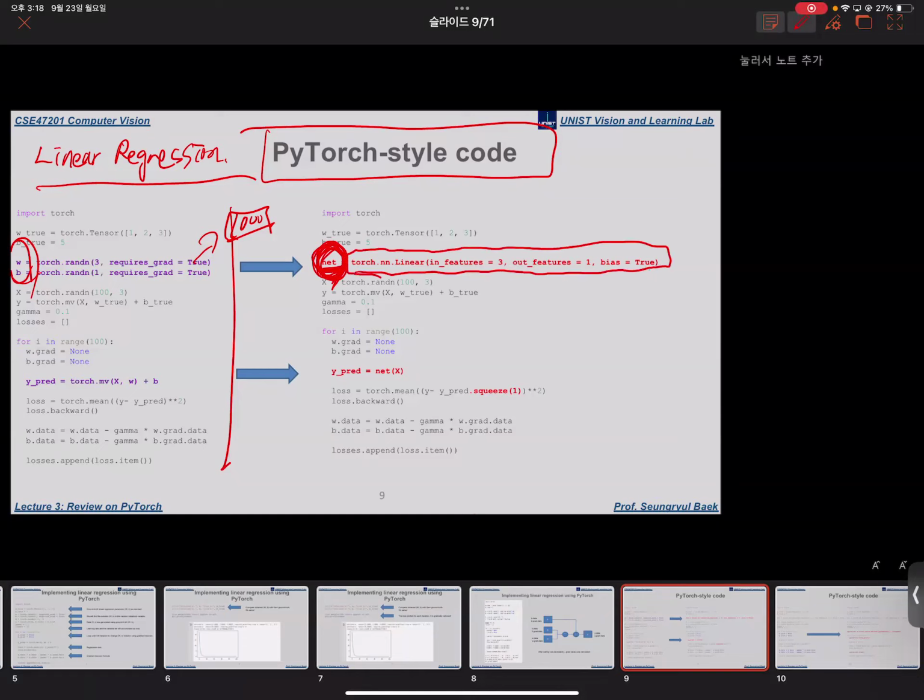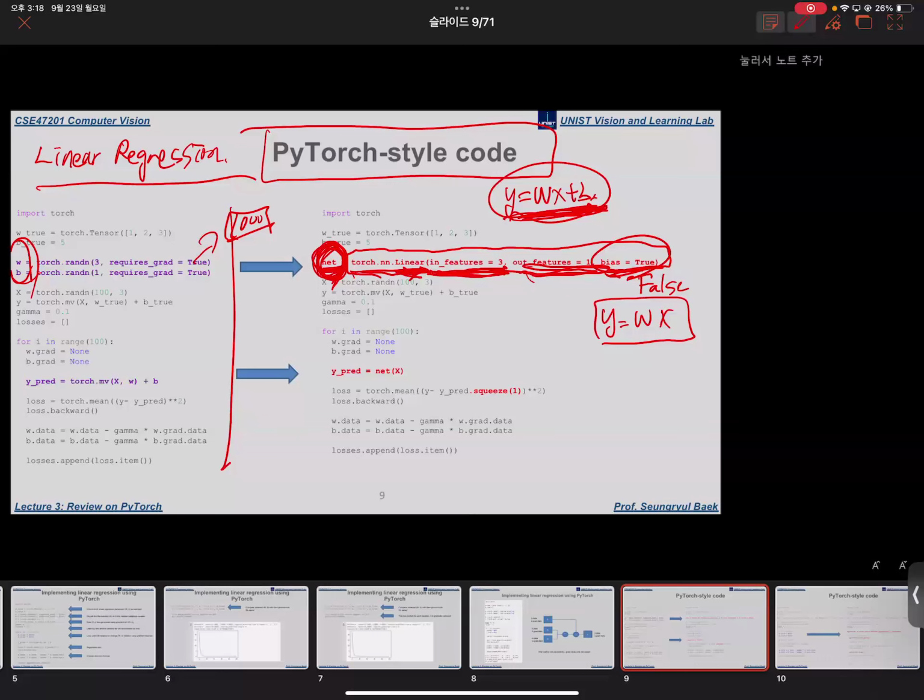Because we now have just one layer, an operation like Wx plus b is called the linear operation in PyTorch, because these are linear equations. We can specify the input feature dimension, the output feature dimension, and whether we will use bias or not. If bias is false, then the equation looks like this.